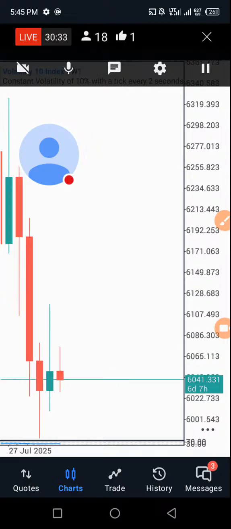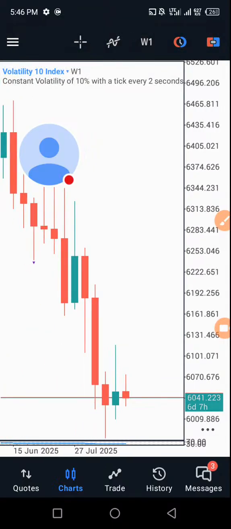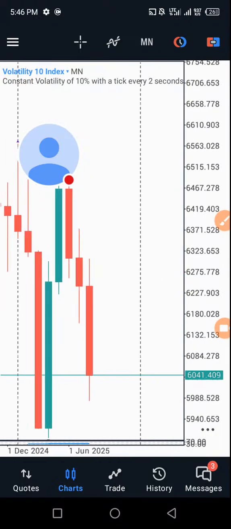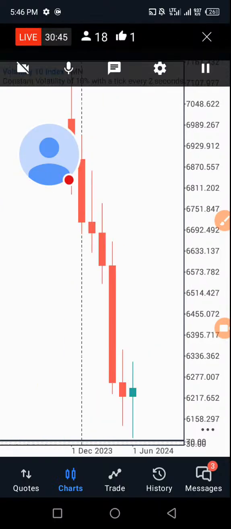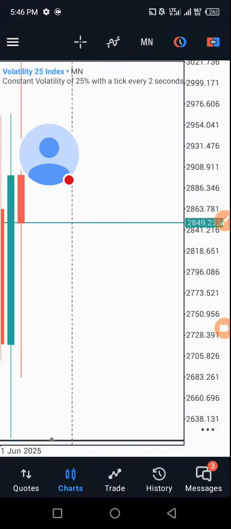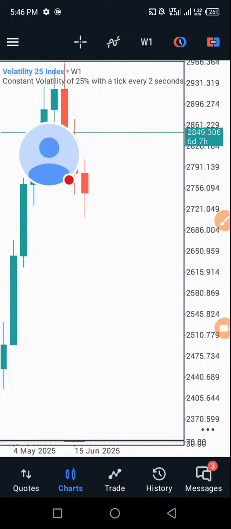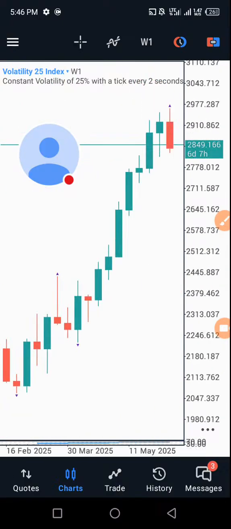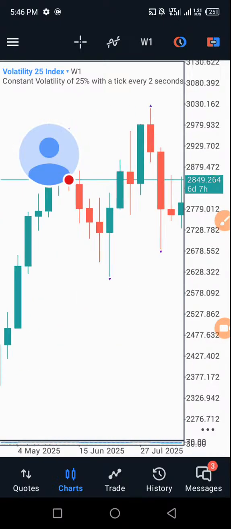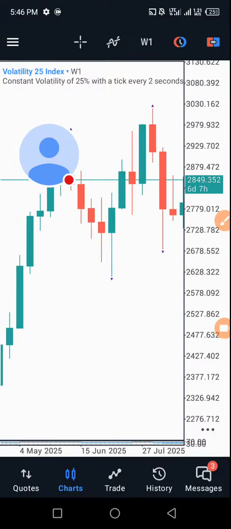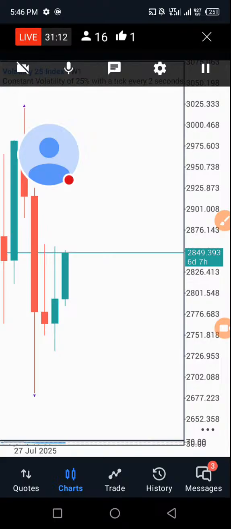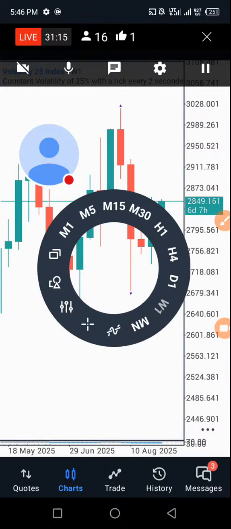So follow the same approach. Let's see VIX 25, or maybe we'll look at VIX 75 together. All right, let's just look at VIX 25.